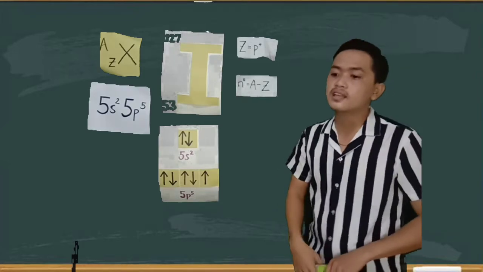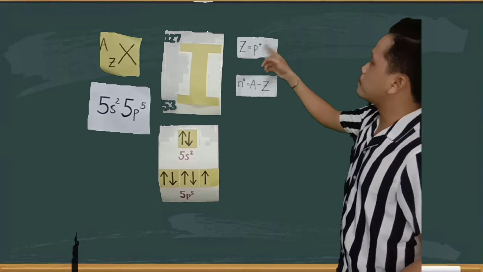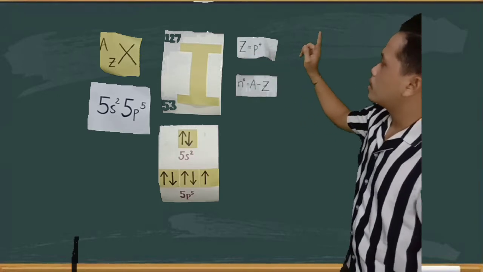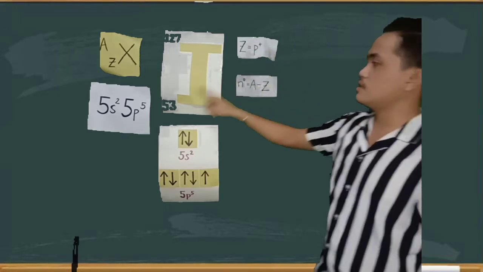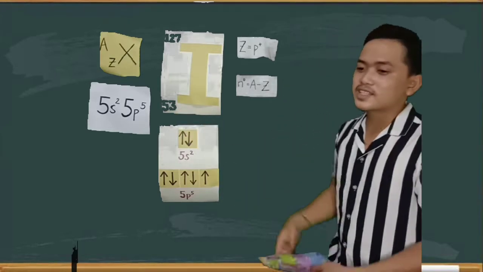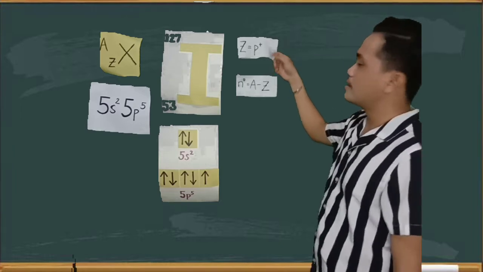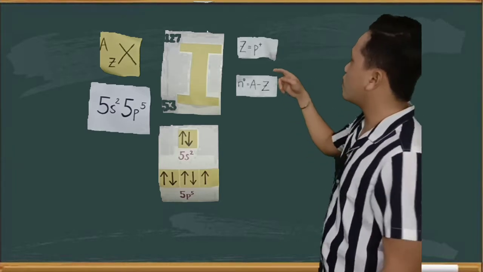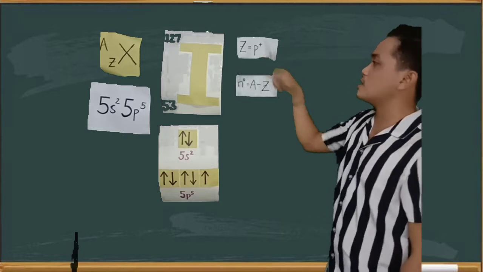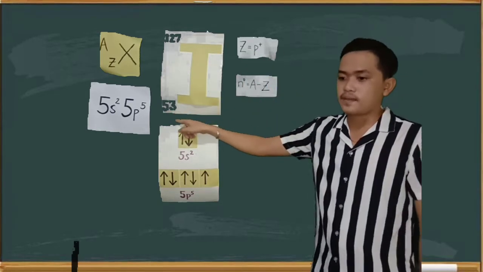So calculating the number of protons, we have the formula Z equals P, where Z represents the atomic number. So now we know the number of protons is 53 because the atomic number of iodine is 53.